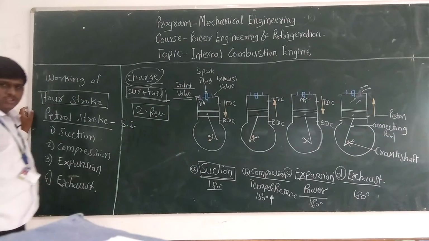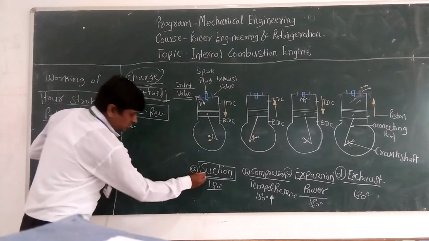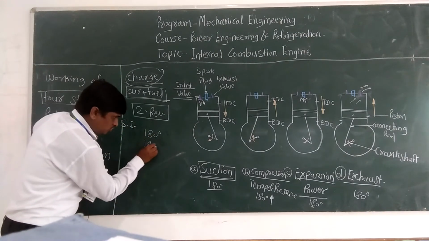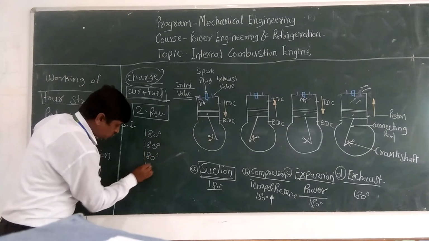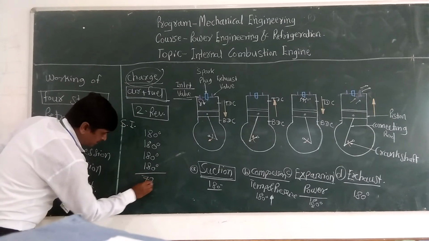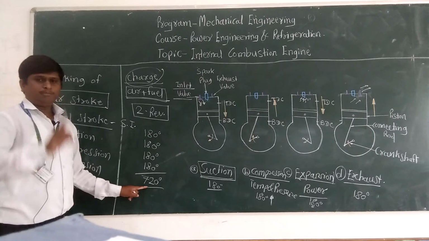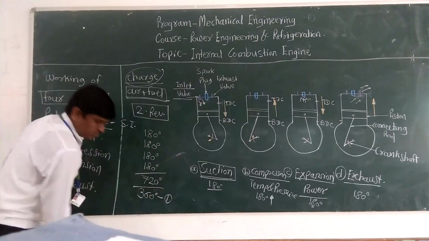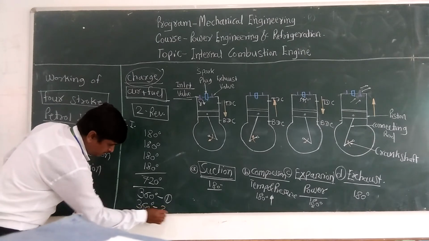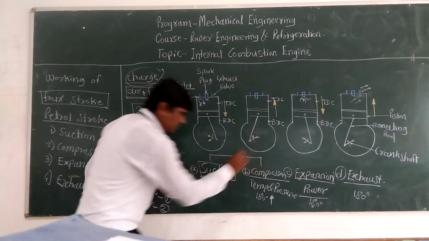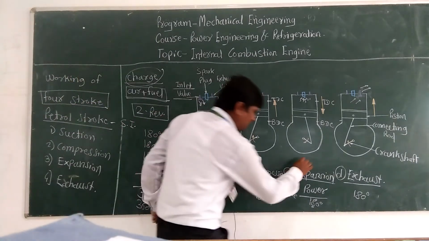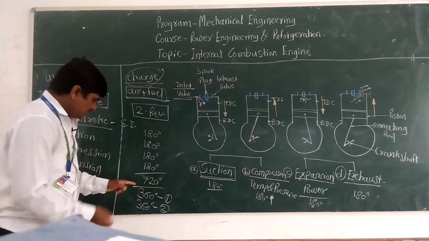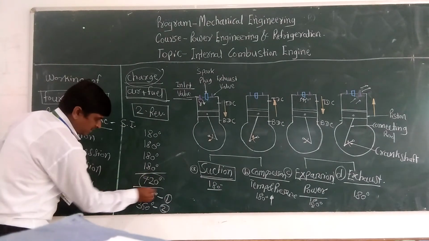The suction stroke takes 180 degrees of crank rotation, the compression stroke also 180 degrees, the expansion stroke 180 degrees, and the exhaust stroke 180 degrees. So 720 degrees of crank rotation is completed when 1 power stroke is completed. 360 degrees is 1 crankshaft revolution, and another 360 degrees is the second complete revolution. Suction and compression strokes complete 1 revolution, and expansion and exhaust strokes complete another revolution, 360 plus 360 is 720 degrees.